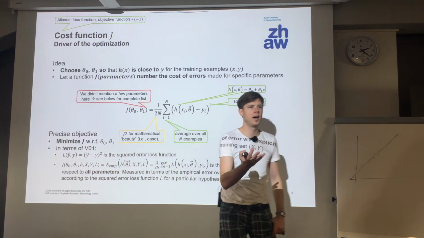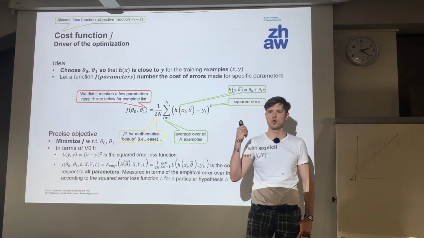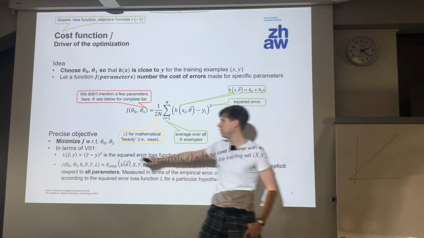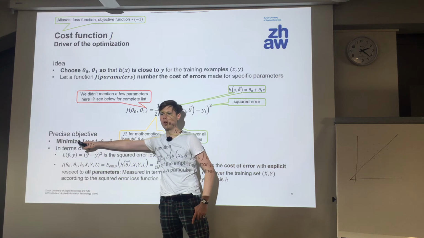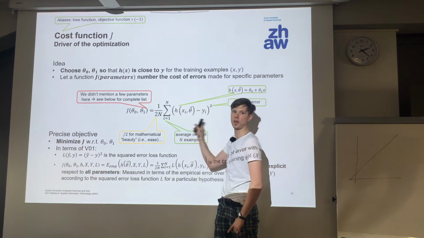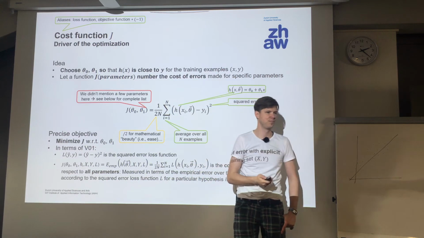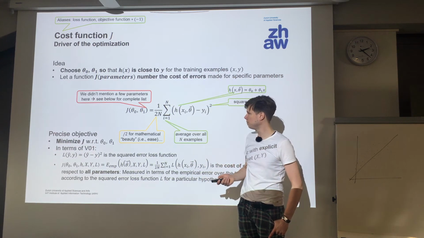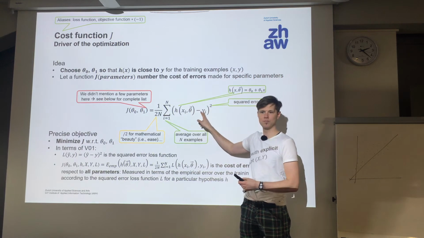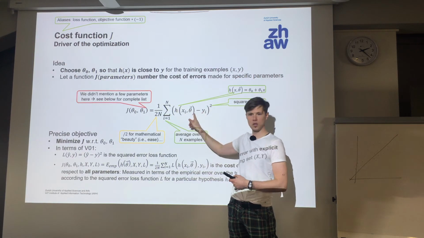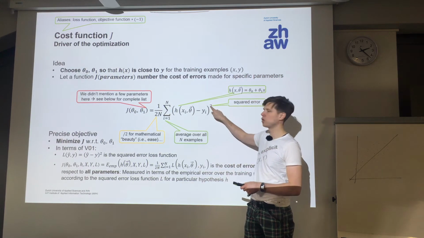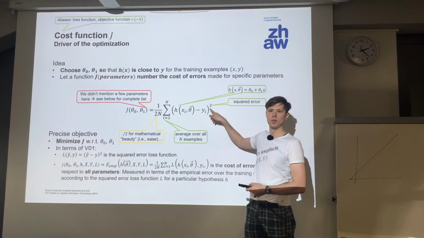And this is why I insisted in the beginning that you have to choose the correct loss function for your problem. If this thing is minimized, then all the knowledge of what the algorithm should do has to be somehow included in that function. Good. And here basically we have a lot of things included. All the data goes in, our hypothesis goes in, so our assumption of what the patterns are, and our assumption of what is bad and good goes in.